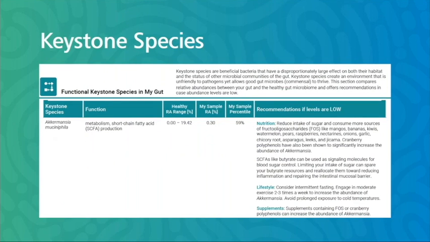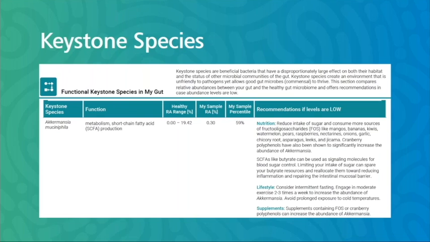And we talked earlier about improving the richness in the gut microbiome and helping to improve that resistome score. And this is one way that we can do that. We can look at the keystone species in the gut microbiome, and we can see, well, how much Akkermansia do we have in the gut microbiome, and how does that compare to a healthy individual?